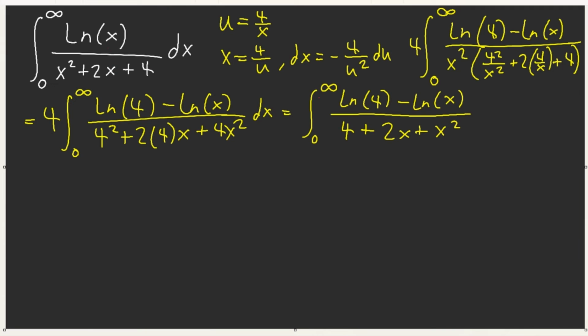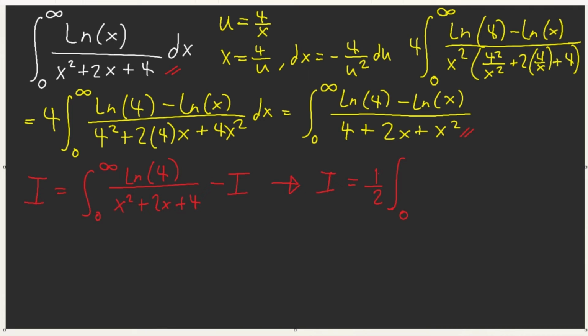So now this I is equal to, from 0 to infinity, ln of 4 over x squared plus 2x plus 4, minus I. So what we have is 2y, or I guess we can put a half plus 2y, and then reciprocate the coefficient. ln of 4.